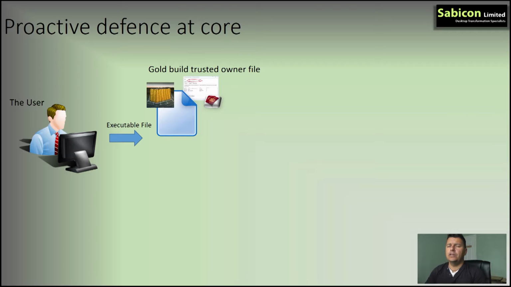And has it got a passport? Now, the passport is this finite list of owners of the file that was part of the gold build. So, for example, Microsoft Word, you would have installed that as part of the gold build or part of an HPCA or a CCM application, and the owner of that file will be put onto that machine by a set of trusted owners. So we can check that file. And then we pass this through.